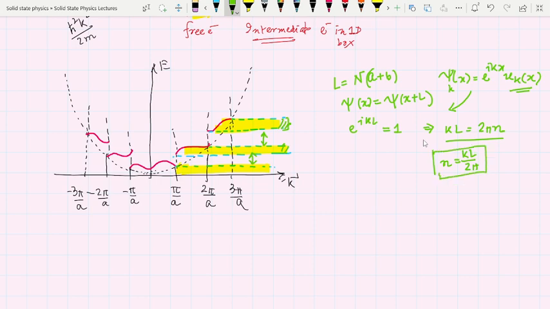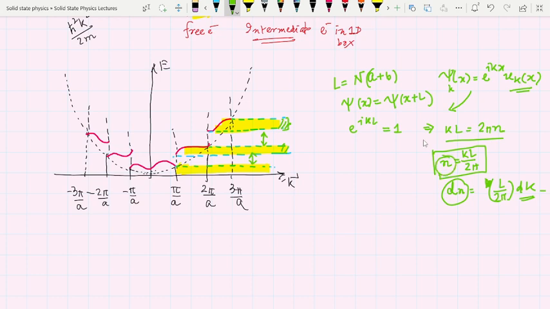So for n number of lattice points, we get the number of states kL by 2 pi. For dn, we get L by 2 pi into dk. This is the number of possible wave functions within dk.